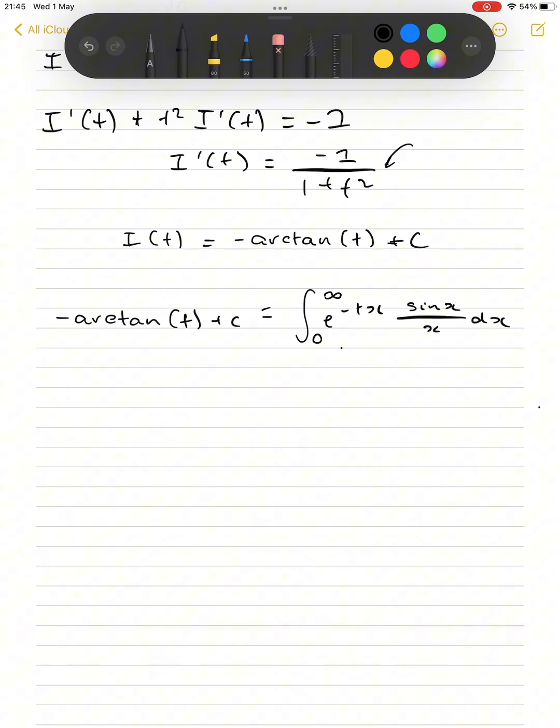Perfect, right? Now, you may be wondering, what is c in this case? We're going to find that out by evaluating the limits as the variable t approaches infinity on both sides.